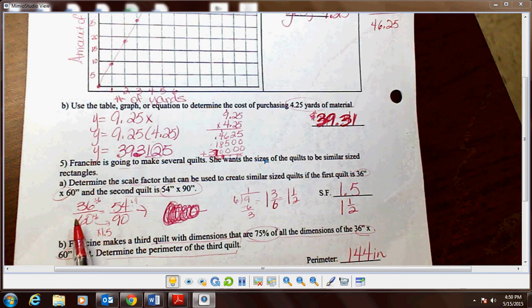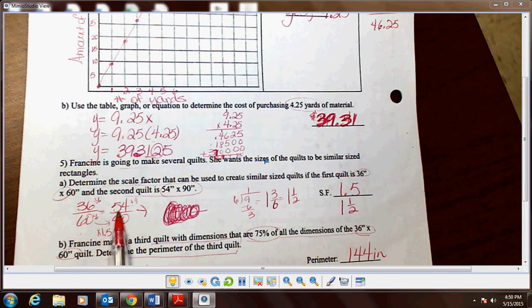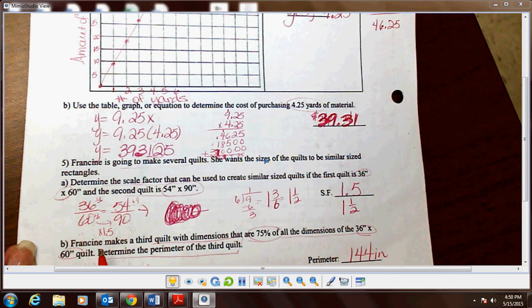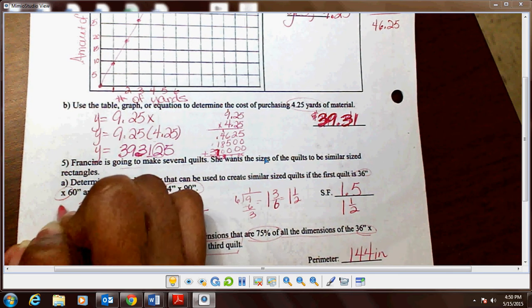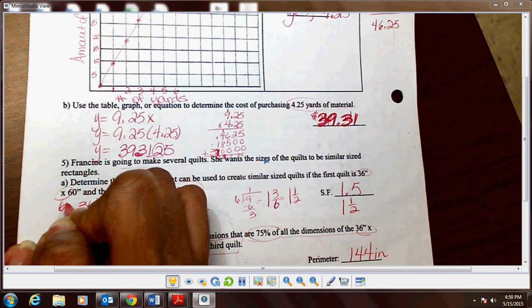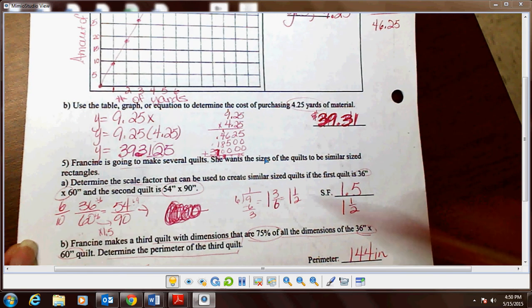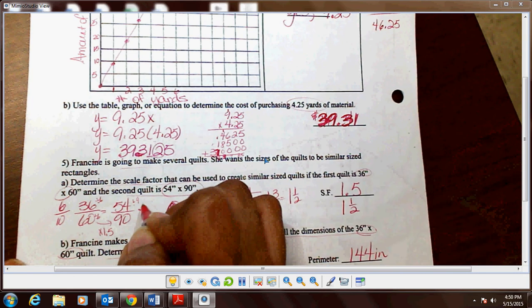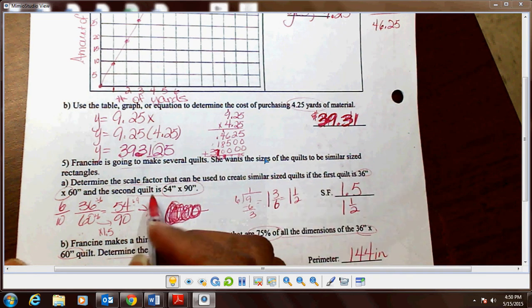Or what am I going to multiply 36 by to get 54? So what I did was I went ahead and simplified these first. And once I simplified, this basically became 6. I'm sorry. That became 10. And it also simplified a little bit more.